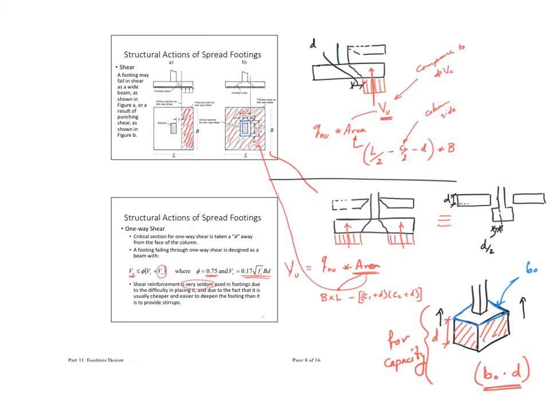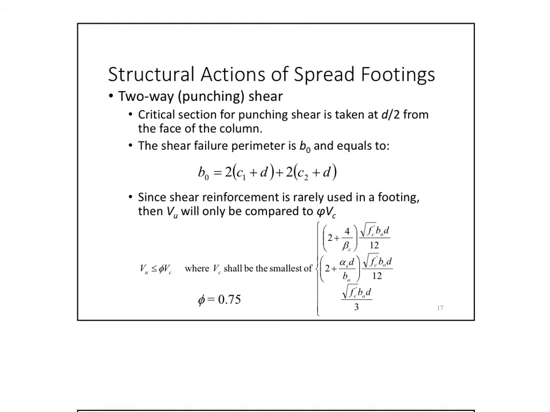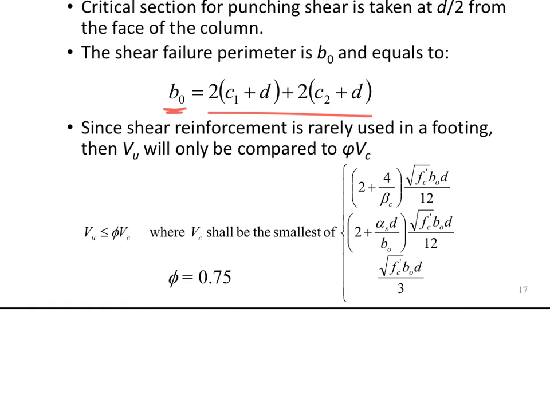Going to the two-way or punching shear. To calculate b node, I calculate it like this: twice C1 plus d plus twice C2 plus d. And then I calculate the shear capacity from these three equations. You have to multiply it by phi.